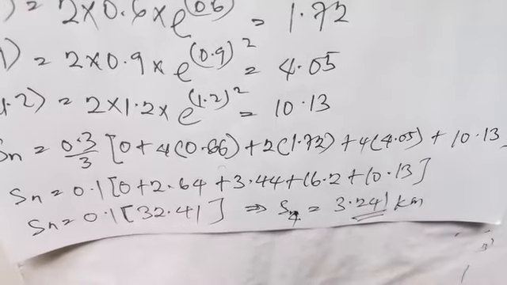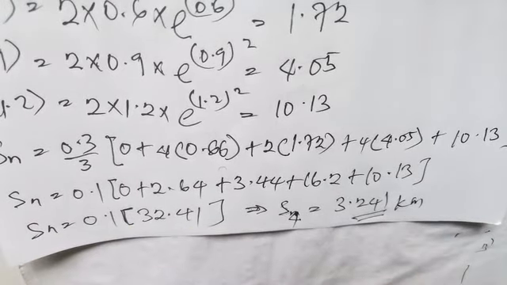That becomes the value of the distance covered using Simpson's rule for that question. So that's the second question.